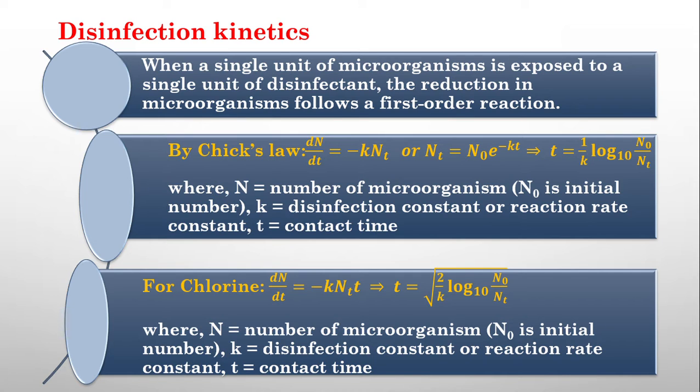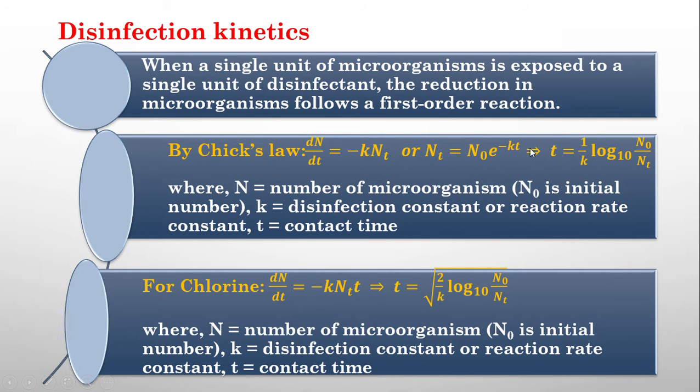Okay, that follows a first order reaction, and that equation is given by a scientist named Chick. So it is known as Chick's law, and it follows this equation: dN/dt = -kNt, where k is the disinfection constant or reaction rate constant, and t is the contact time of the disinfectant to water.